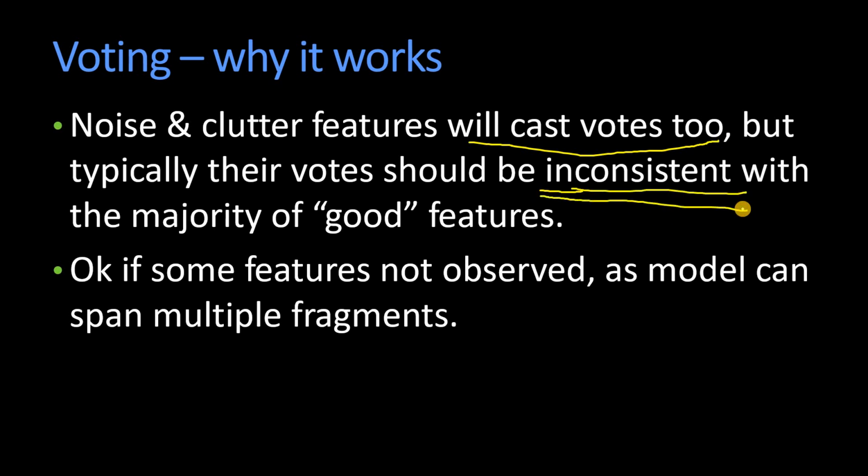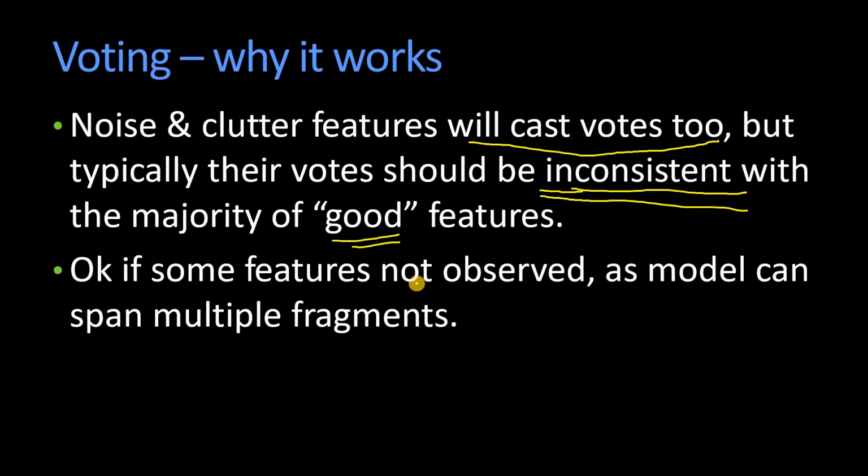Remember, they are casting a vote, but their vote will not have a specific pattern. They will not choose a particular model value. So their votes will be inconsistent with the majority of the good features. So the good feature votes will always be more than the votes of the noisy pixels. So it is still okay.